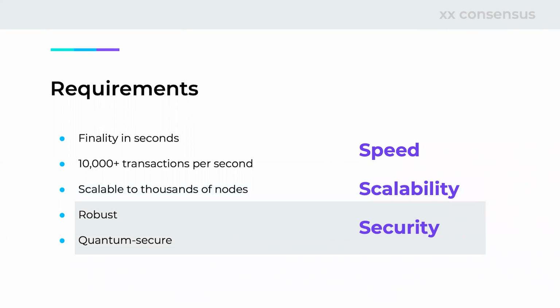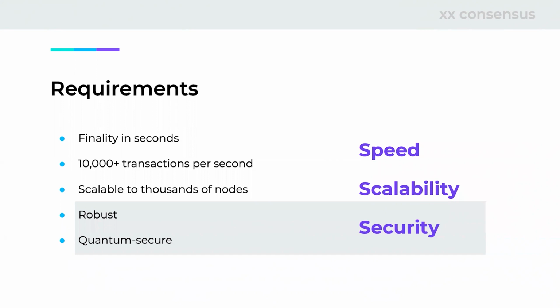So robust refers to the network's ability to continue operating securely in the face of disruption. That disruption could be from malicious nodes, malicious users, an unreliable network, or even a nation-state adversary. Now, robustness combined with quantum security ensures that the wealth and data that users push through the platform remains safe well into the future.